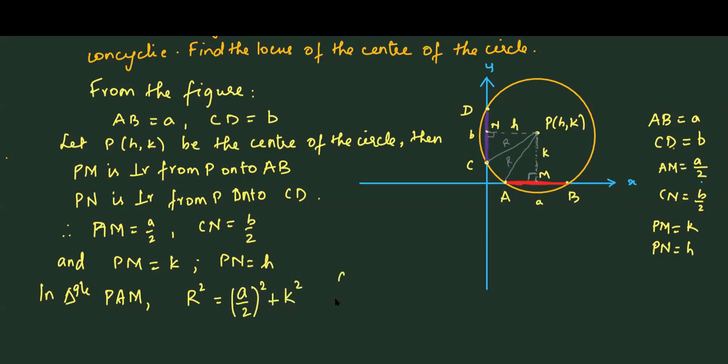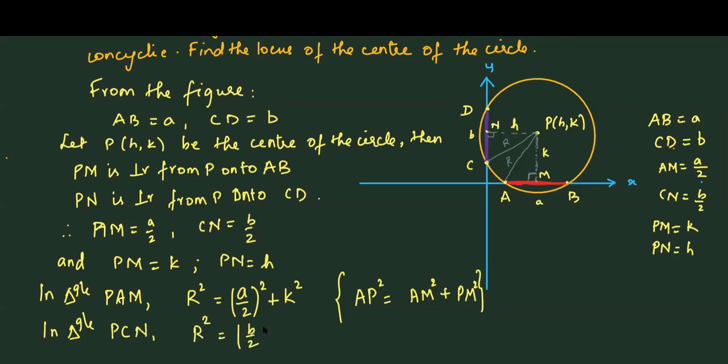I applied AP square equals AM square plus PM square. Similarly, in triangle PCN, R square will be (b by 2) whole square plus h square.